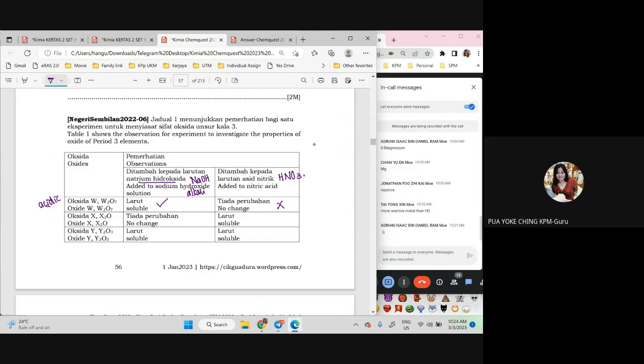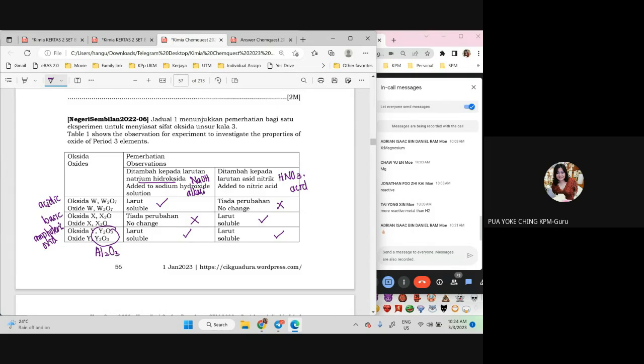Okay, oxide X, X2O: this one cannot, this one yes. This is acid, so the one that can react with acid is your basic oxide. This one can dissolve, this one can dissolve, so this is your amphoteric oxide. Y2O3 is actually your Al2O3.